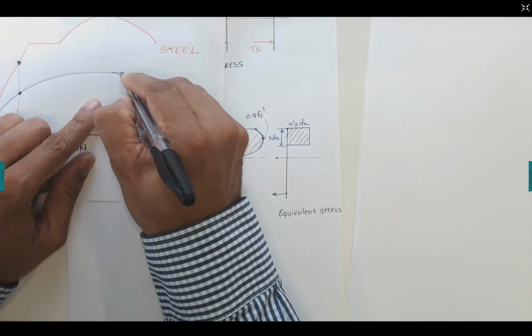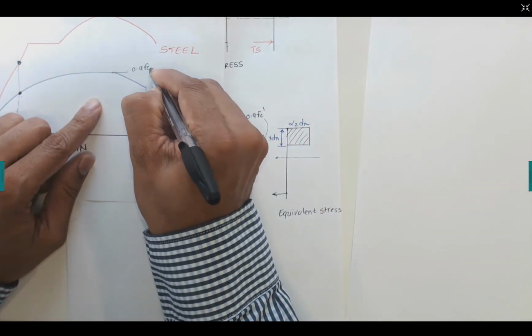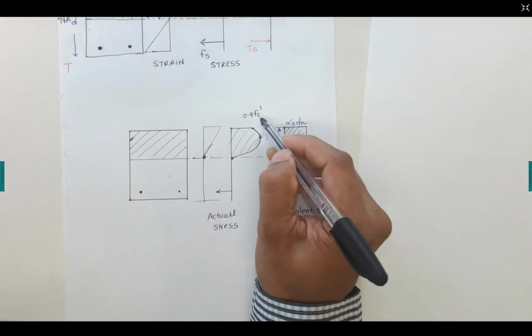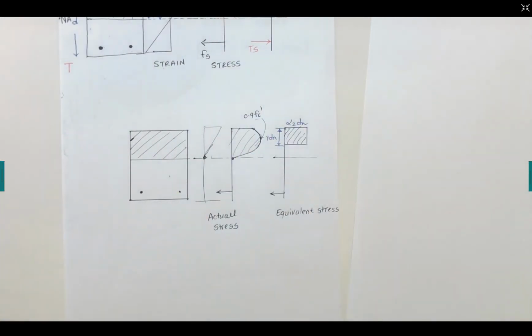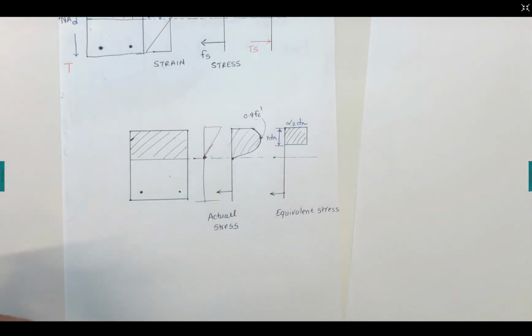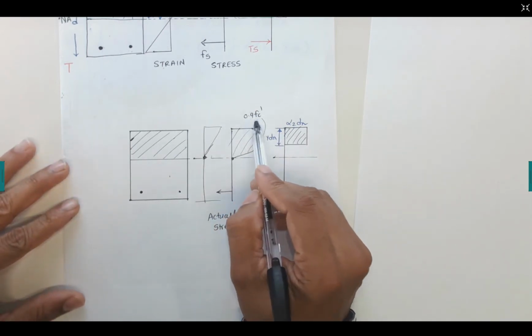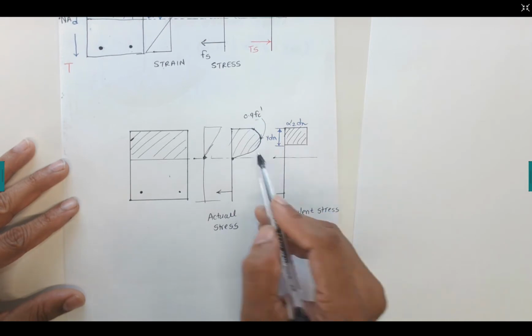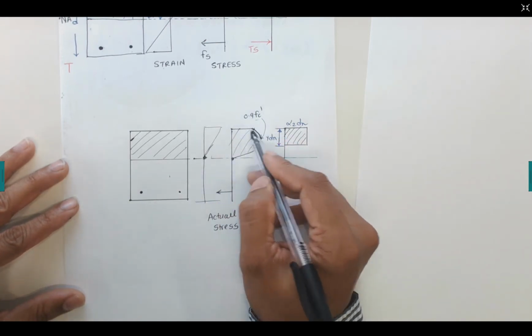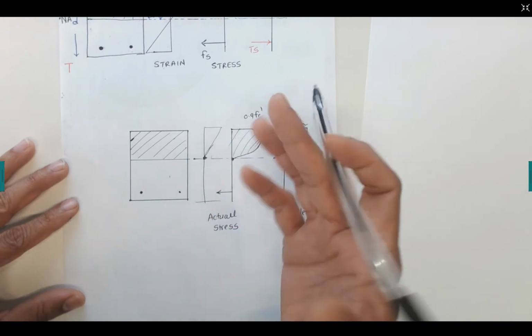So this maximum value is 0.9 f'c, right? That is the maximum stress. This is the compression state, and we reduce it by 10% because the concrete is made at the site. To allow for safety factors and the material variation at the construction site, we multiply by 0.9.